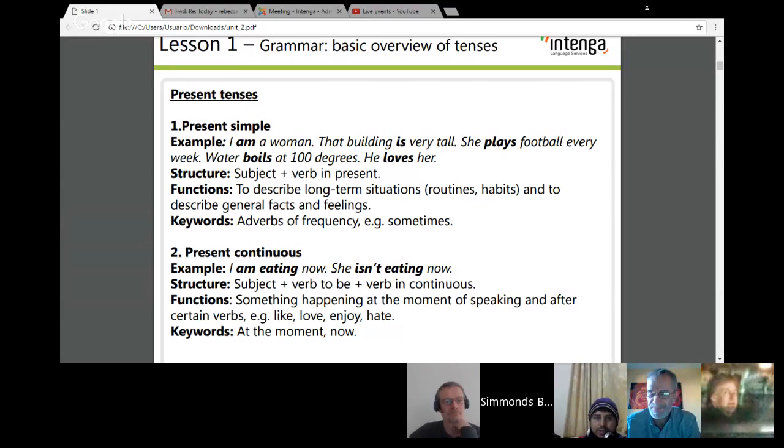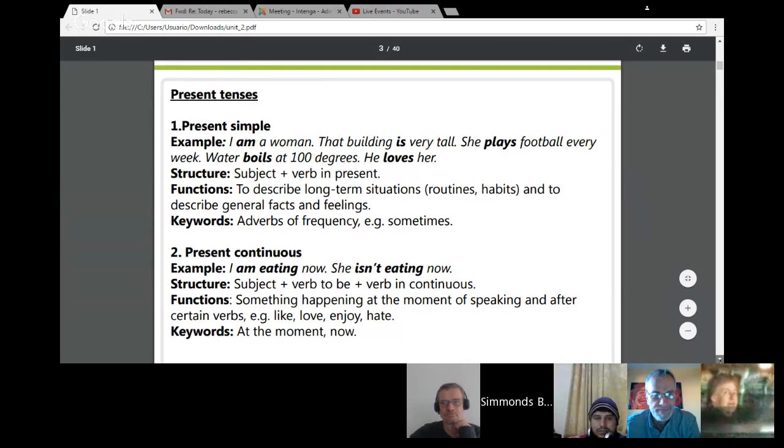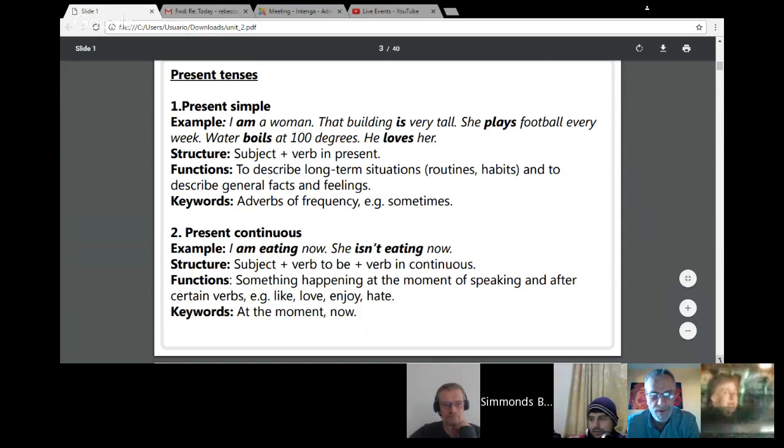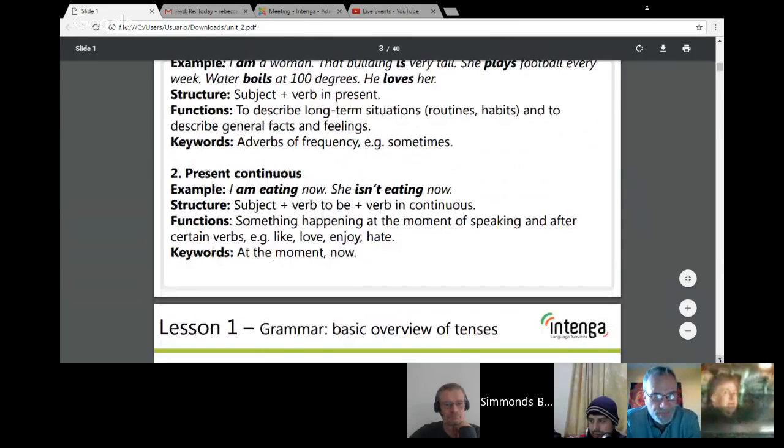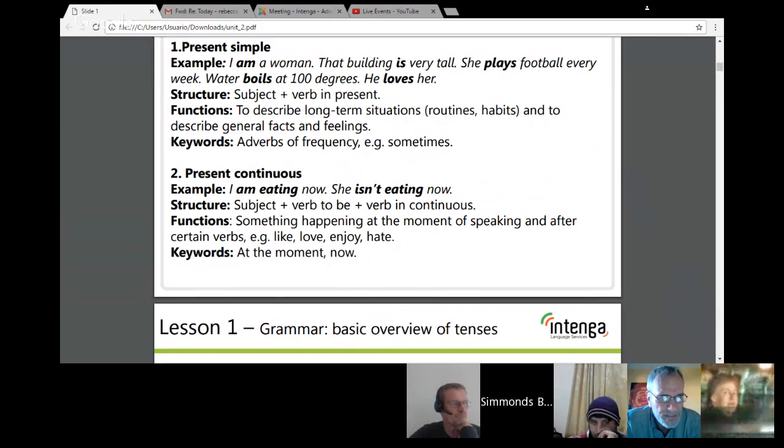All right. Well, Marco, would you like to read the second part? And I'm just going to move it up so you can see all of it. Can you see everything? Okay, perfect. So Marco, do you want to read about the present continuous, please? Second, present continuous. Example, I'm eating now.